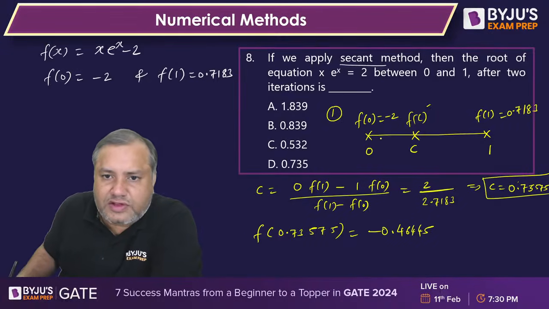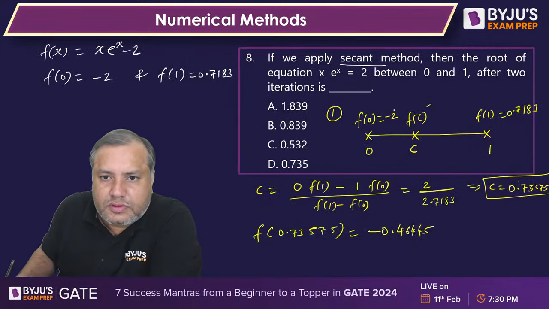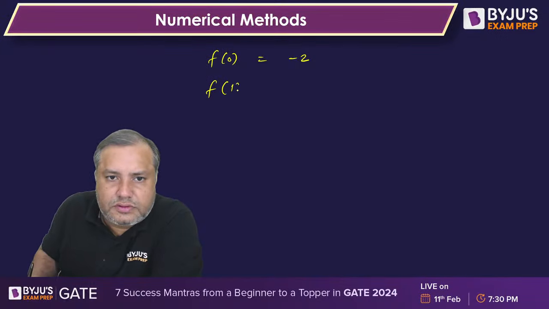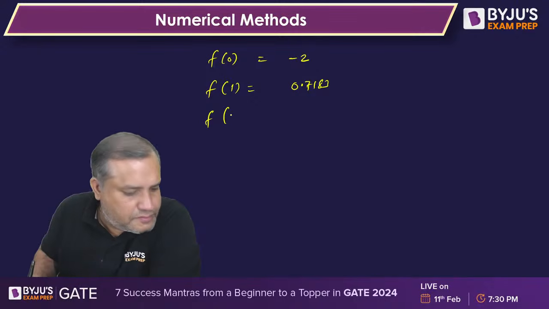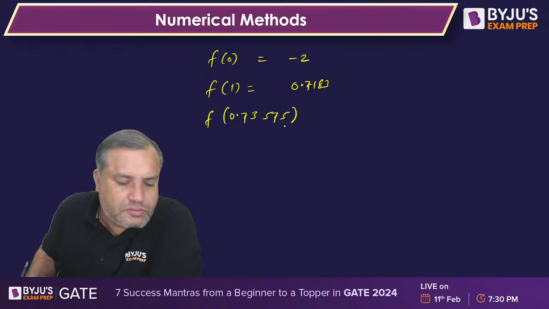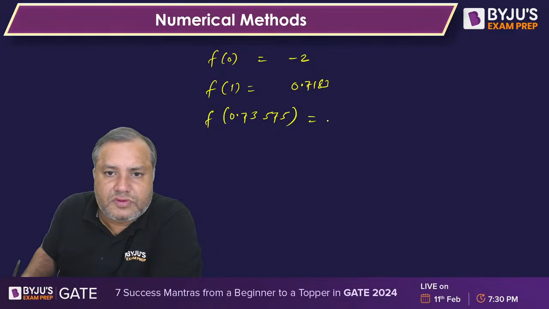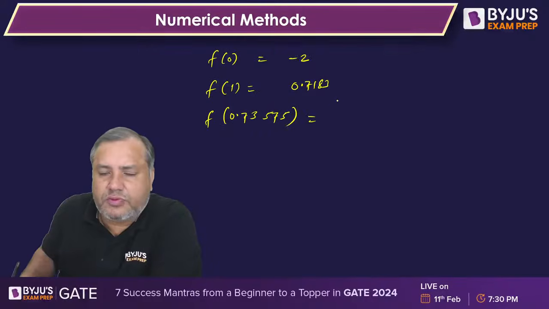Now we have got three values on the number line. F of 0, then f of 1, then f of C. And its value is minus 0.46445.